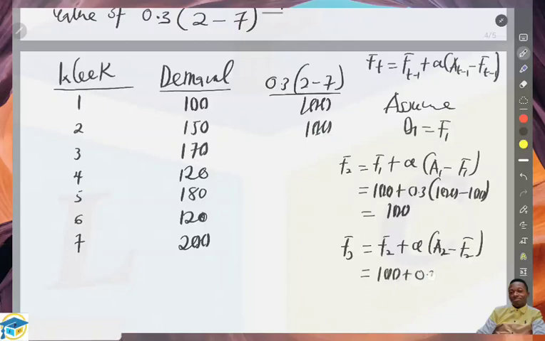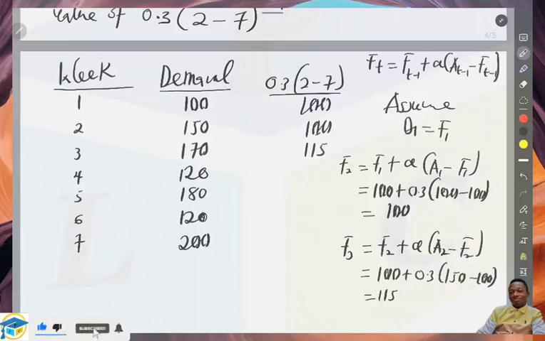Plus 0.3 times the actual for week 2, and that is 150, minus our forecast for week 2, which is 100. So what are we getting in that line? With that, I had 115. You can confirm that and see if that is actually true. So that's what I got. So that's week 3, 115.